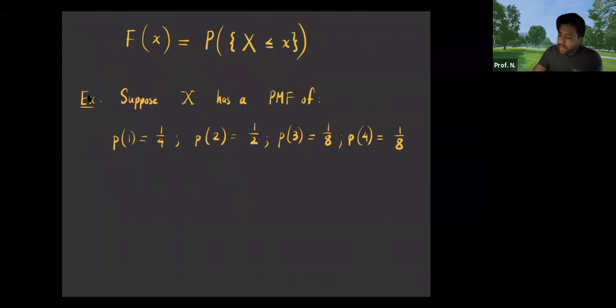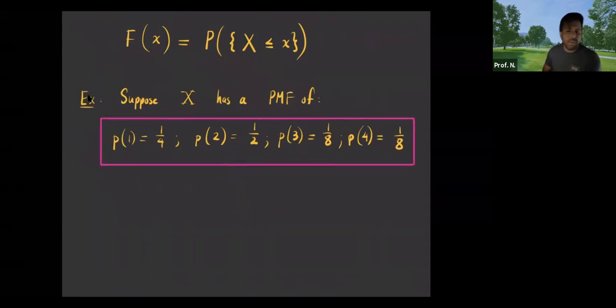So this is my probability mass function of a particular made up random variable. In this case, we're not considering what kind of random variable it is. It's just a random variable that has these probabilities associated with these values for X.